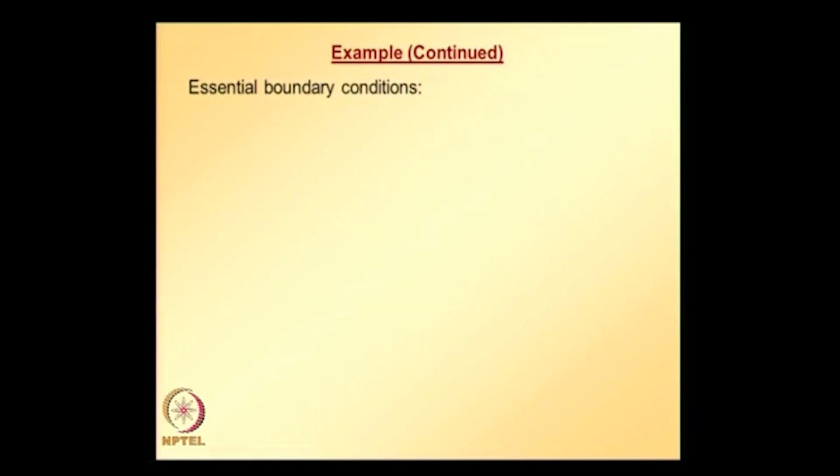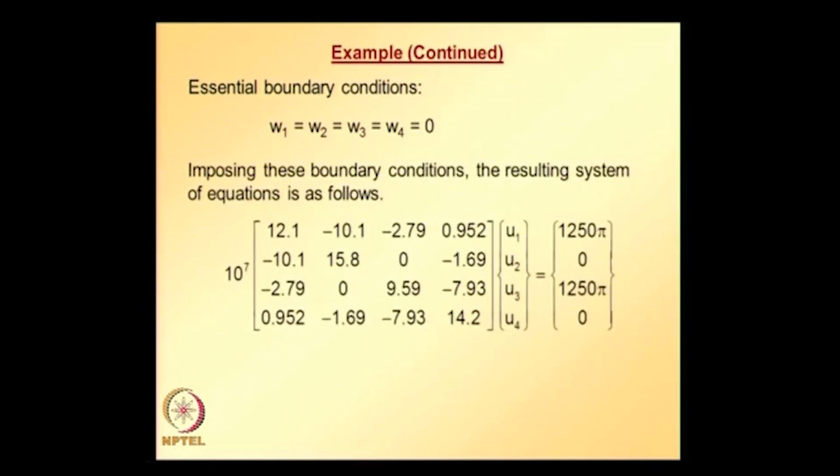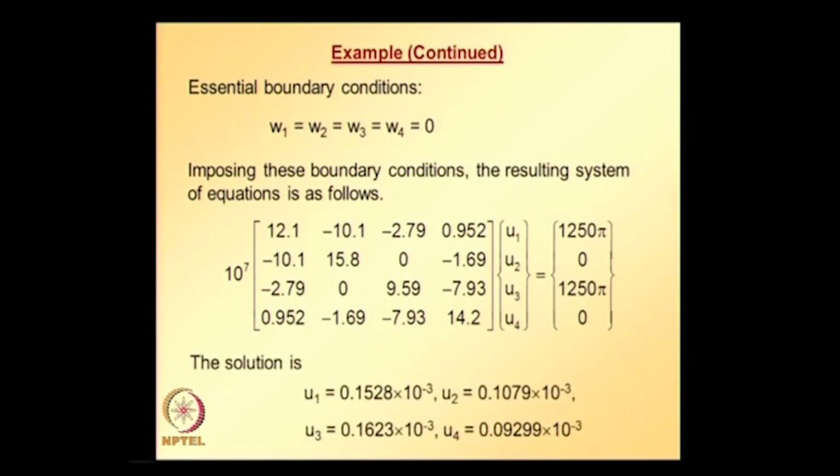So eliminating the rows and columns corresponding to these degrees of freedom, that is W1 to W4, we get the reduced equation system, which we can solve for U1 to U4, the radial displacement components at all the 4 nodes. Once we have this nodal solution, we can do post processing like calculating stresses and strains.